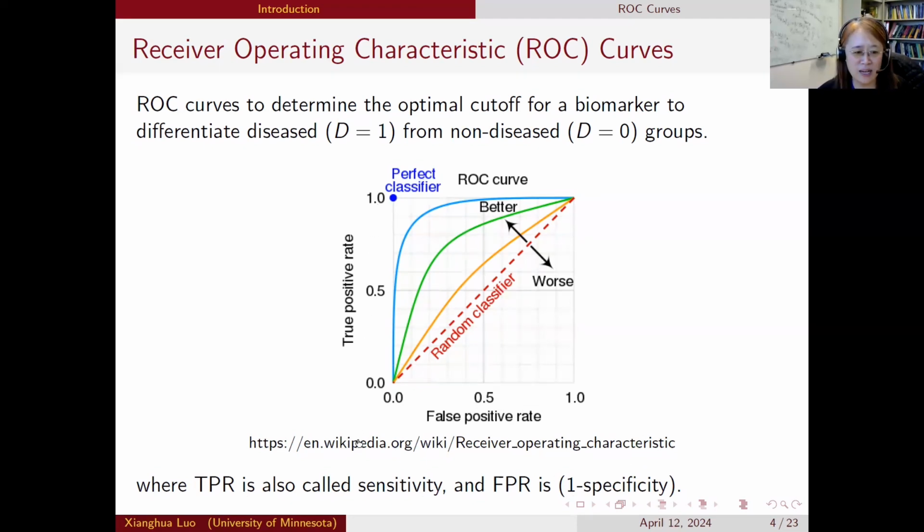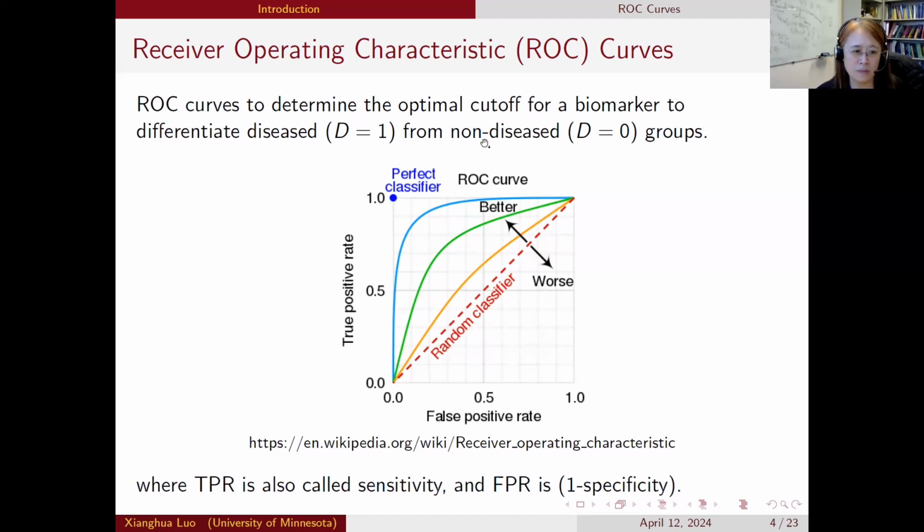And the x-axis, the false positive rate, is simply 1 minus specificity, okay? So consider a continuous biomarker. For a different cutoff, you can find the dot in this space and connect them. You can get an ROC curve. And this blue curve represents a very good prediction of this biomarker, but curves closer to the diagonal are less ideal for this purpose.